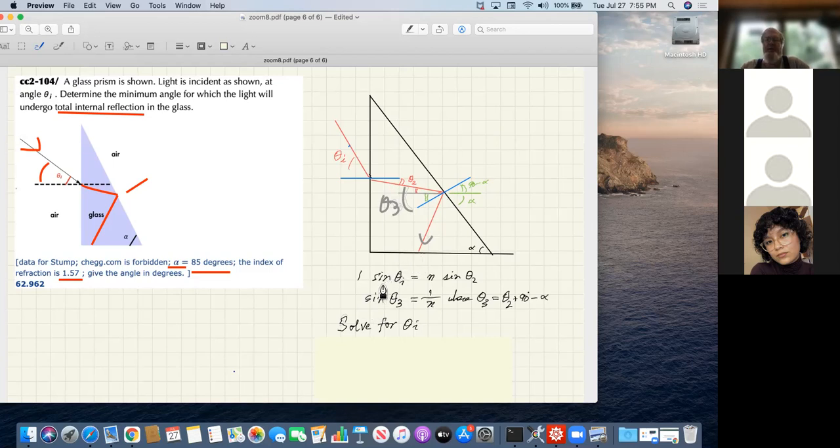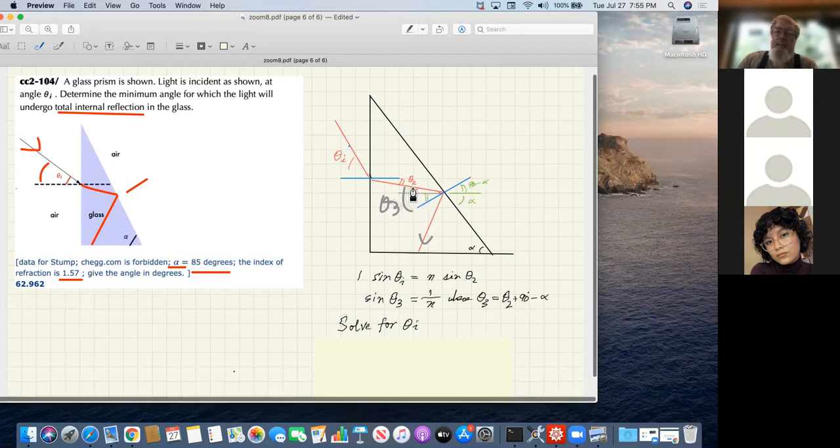Now that gives me 2 equations, but I have 3 unknowns. So I have to have another equation. I have to relate theta 3 and theta 2. And you see, theta 3 is a combination of theta 2 plus this angle.